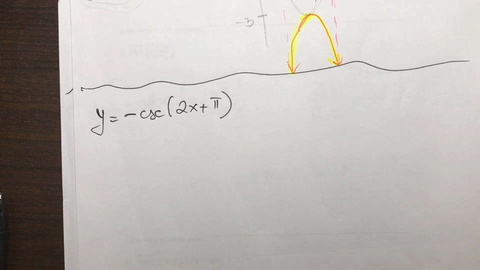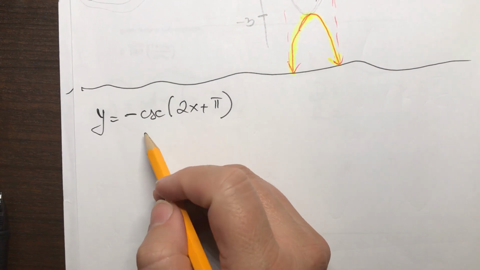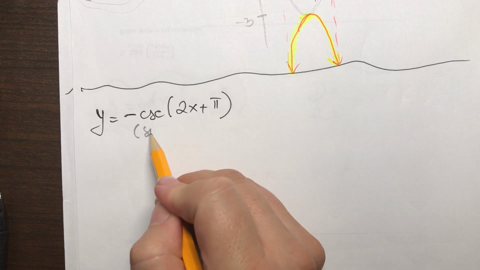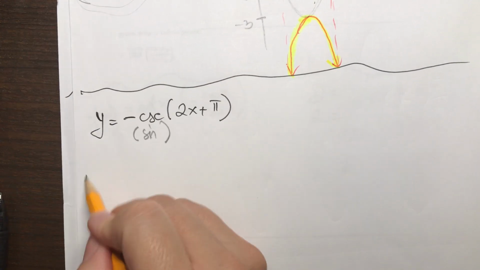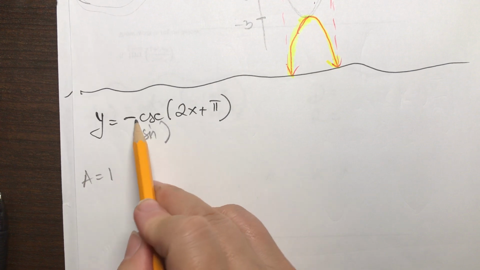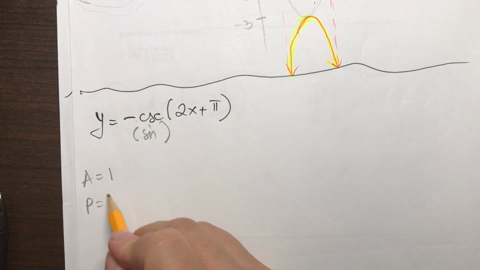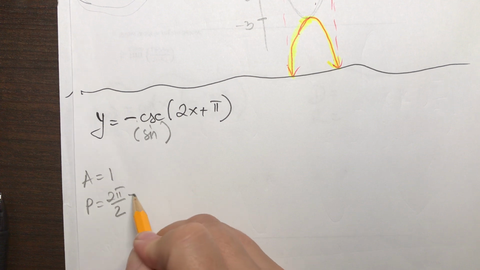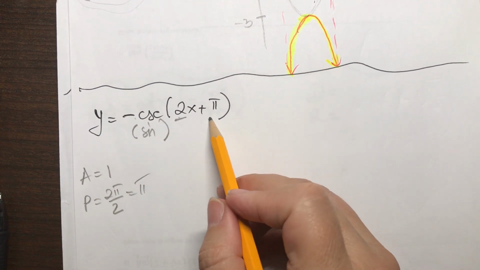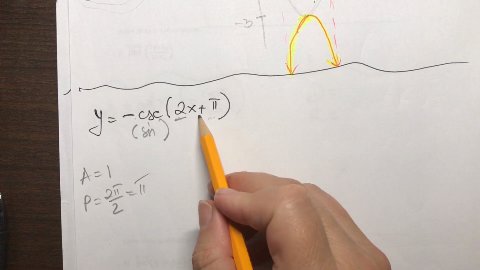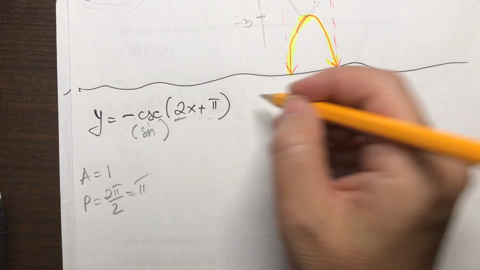So what am I going to do? To draw the cosecant, I'm going to draw a sine function. The amplitude is 1. The period is 2 pi divided by 2, the number multiplied to x. And by the way, the phase shift is not pi, because this pi is not added to x, it's added to 2x.